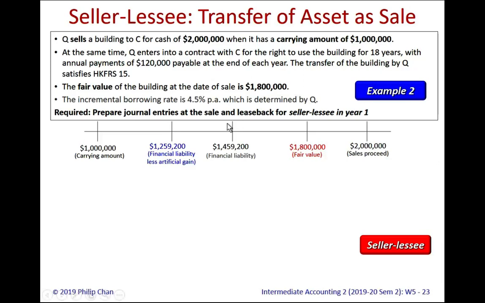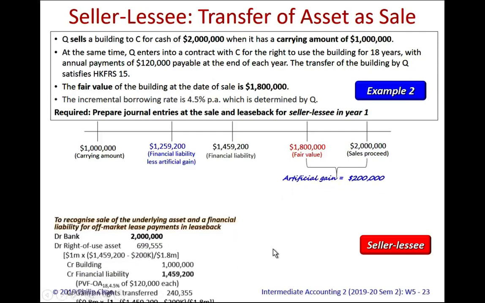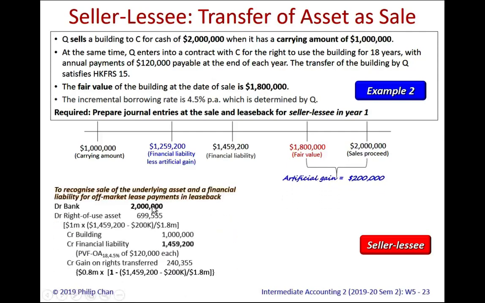Remember, you are now preparing the entry for the seller-lessee, which is Q, in year 1. Now in year 1, you sell this asset for 2 million and you give up the asset and you de-recognize the asset by 1 million. So this is basically simple. Debit bank 2 million, credit the building for 1 million. That can be done even if you have no idea about the double entry later on.